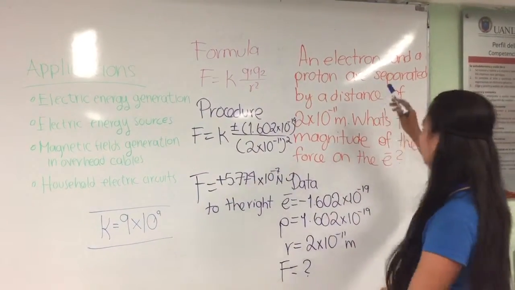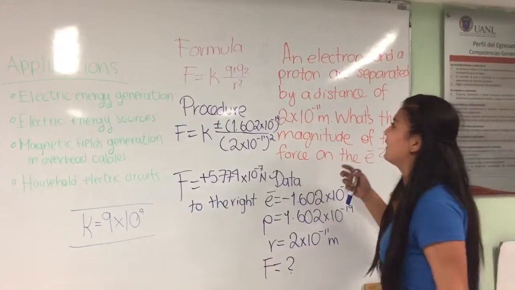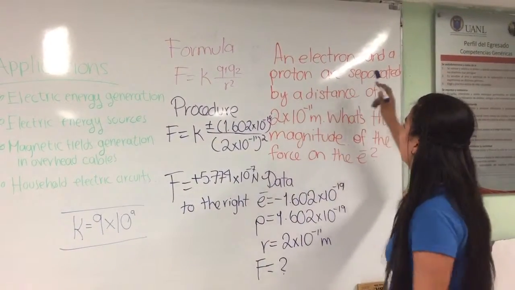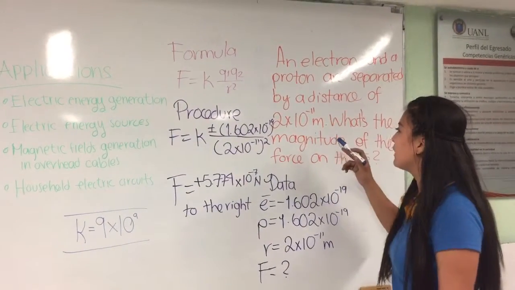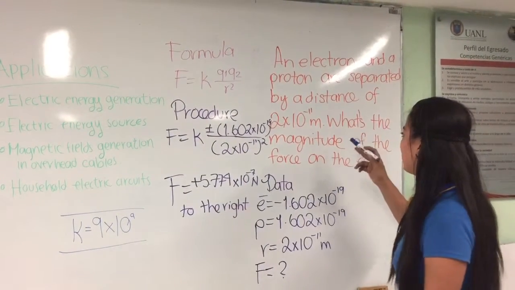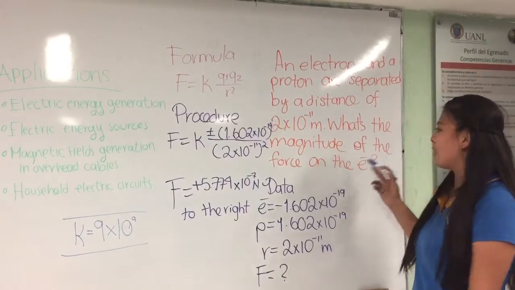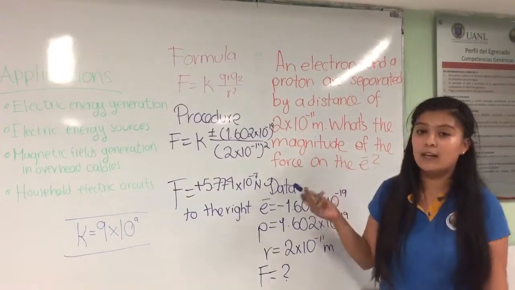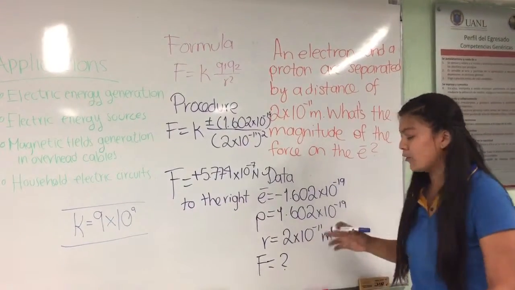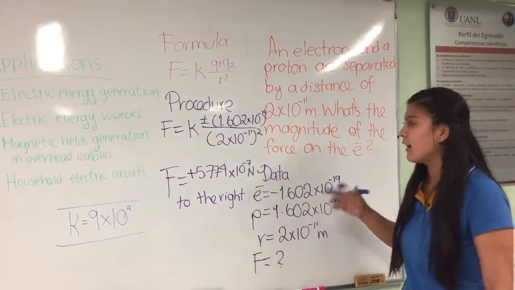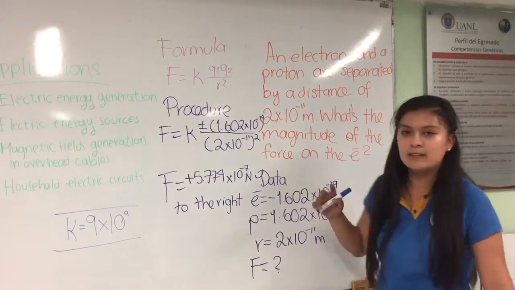So the example of this stage is that an electron and a proton are separated by a distance of 2 times 10 to the minus 11 meters. So what's the magnitude of the force applied on the electron? We know that the electron and the proton have the same amount of electric charge, but with different signs.